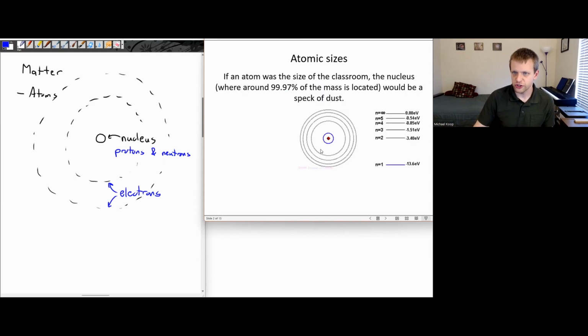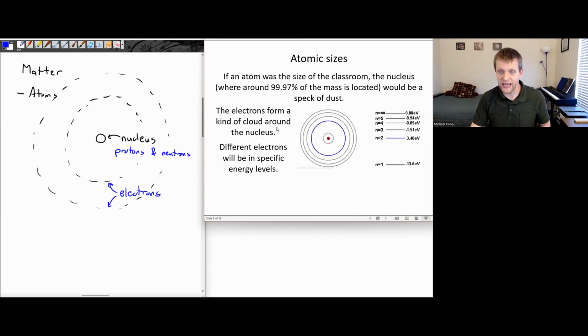So this overall structure: if you had an atom the size of the room that you're in, and technically this should probably be the size of a theater, the nucleus, where the vast majority of the mass is, 99.97% of the mass, would be like a speck of dust in the middle of the room. So imagine in this room a speck of dust in the middle. That's where 99.97% of the mass is, and the electrons are swarming around the outside of that. Most of the atom is actually empty space.